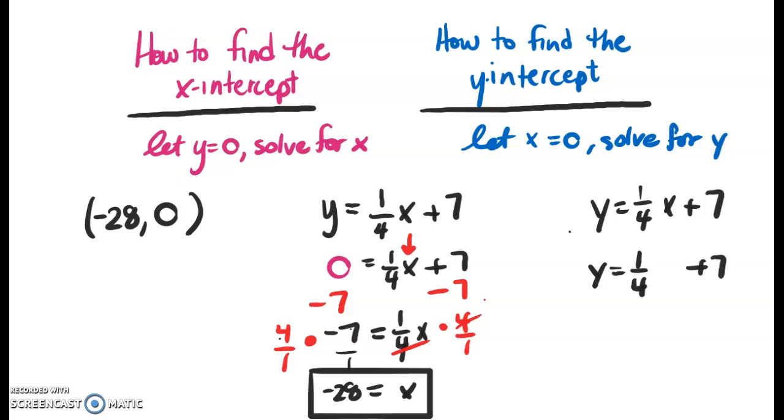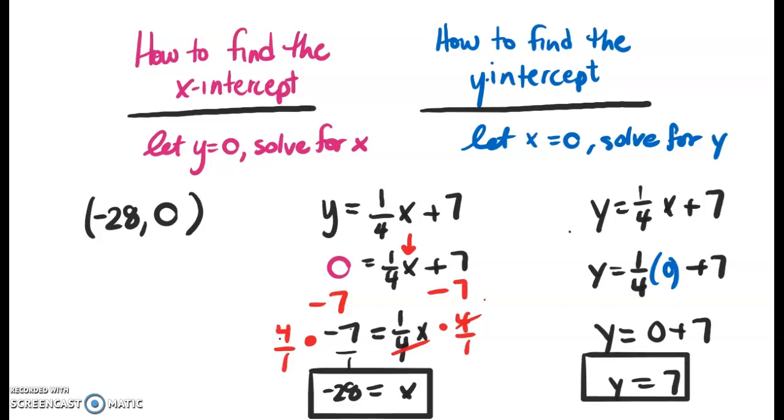Now in this case, we already know that when we look at an equation that's solved for y, you can simply look at the b, and that is the y-intercept. But if it wasn't solved for y, these are the steps you would do. So we're just practicing. We get y equals 7, and this is my y-intercept. Written as an ordered pair, it would be (0, 7).